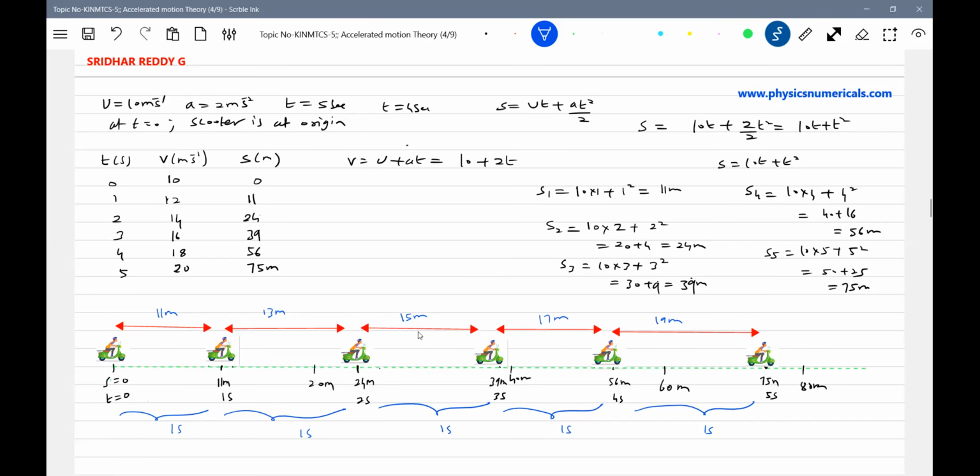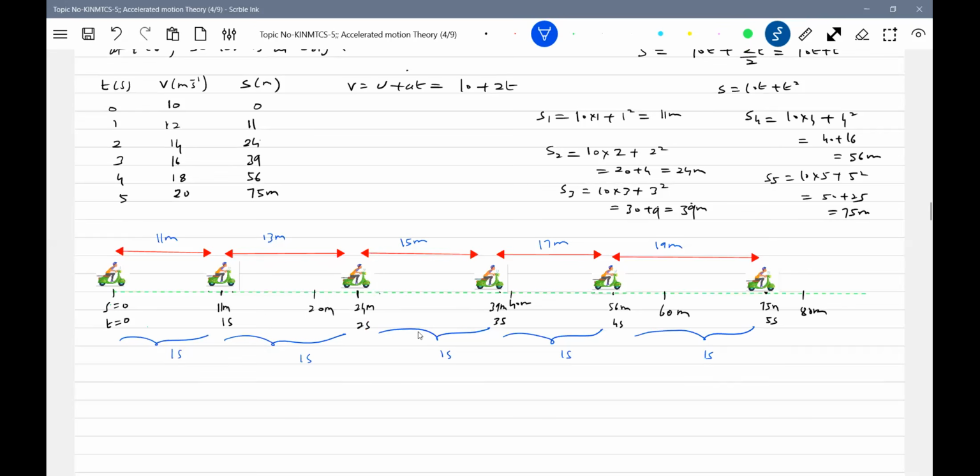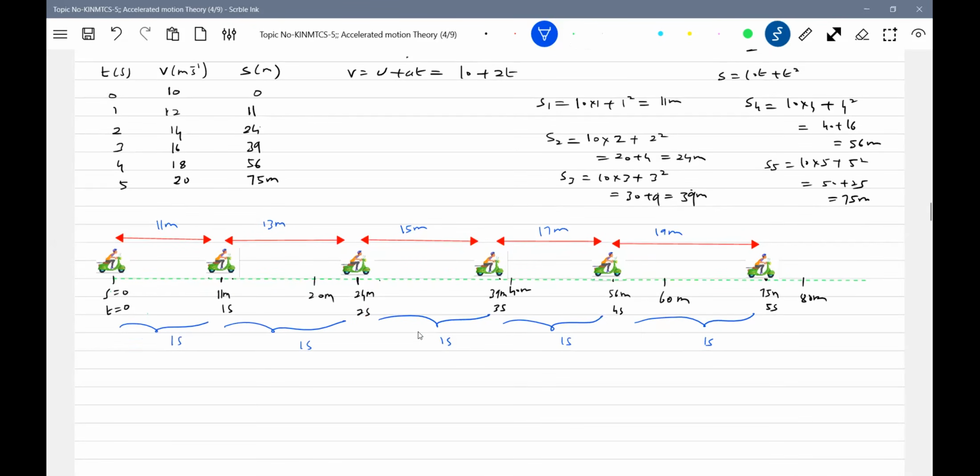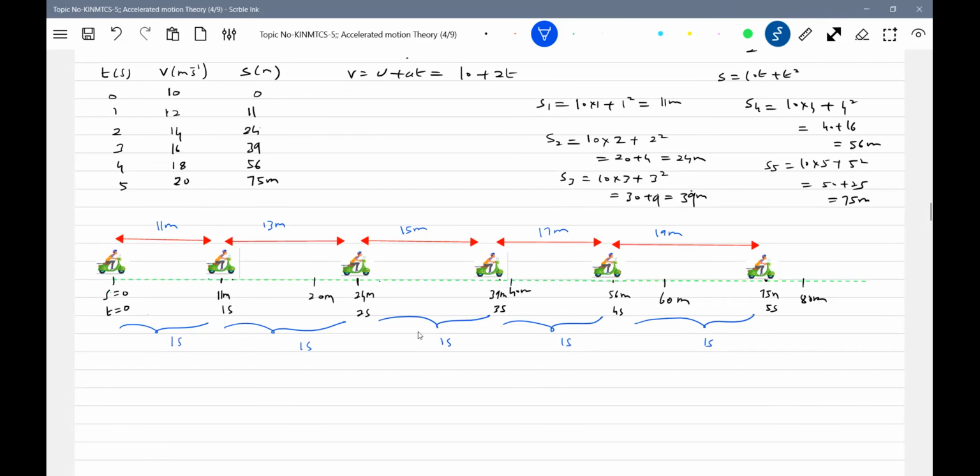Okay, what do you mean by the distance covered in nth second? Because our main purpose was to study the distance covered in nth second. For 4 seconds, how much distance will it move? S4 we will write.